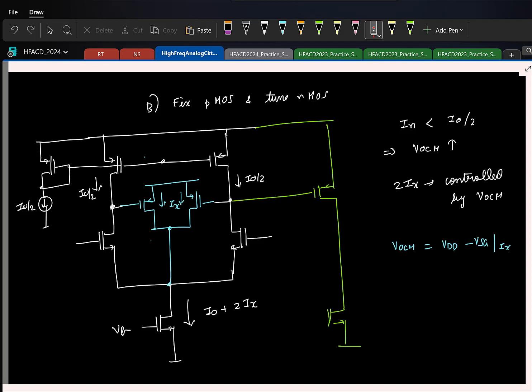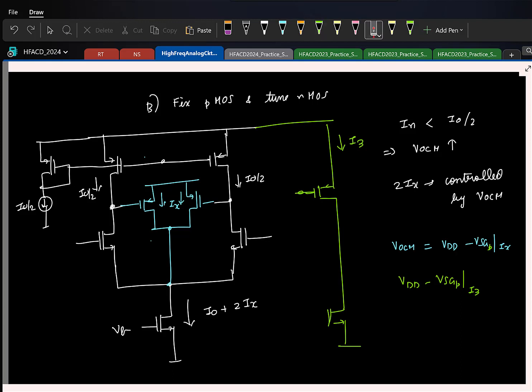So nominally, if you want the current in this transistor to be some, I don't know, I3, okay? What do you want this voltage to be set to? VDD, VSD of a pMOS at a current I3.